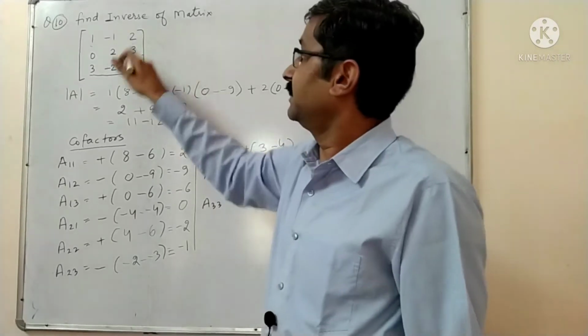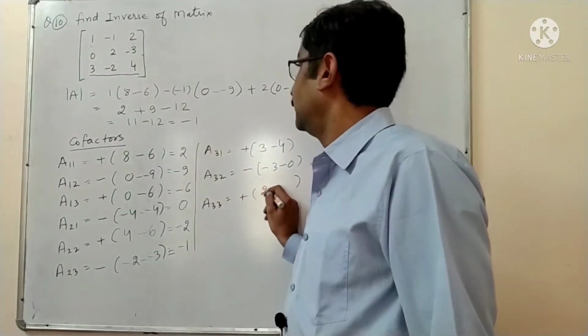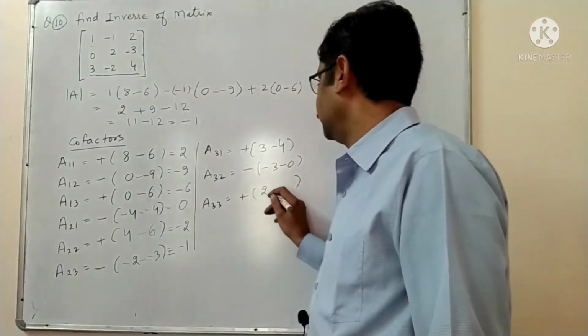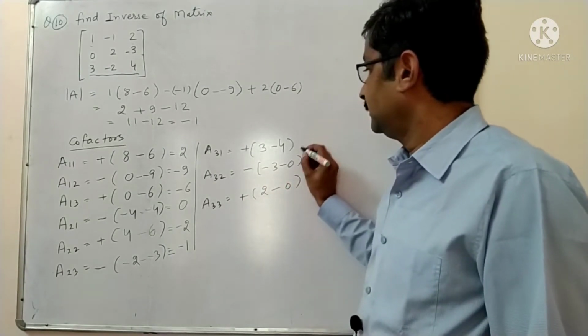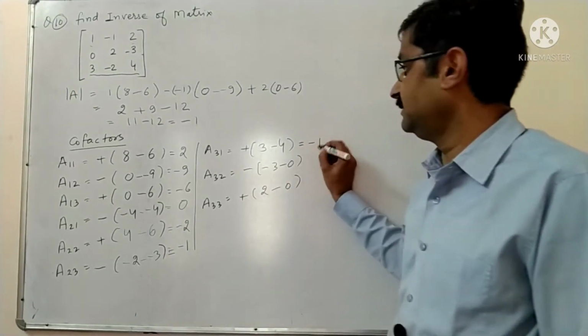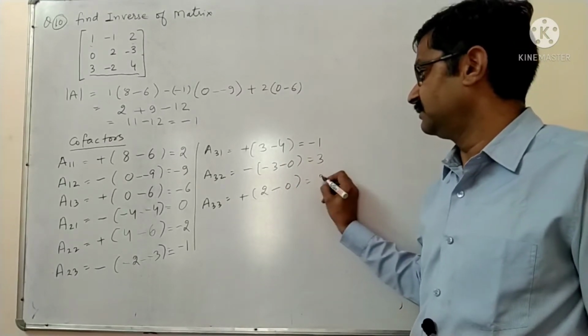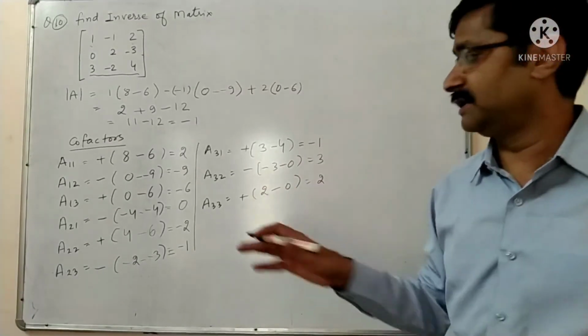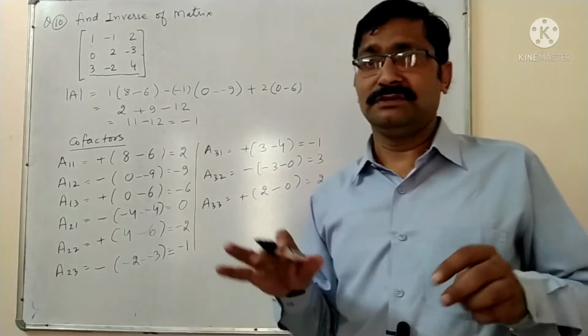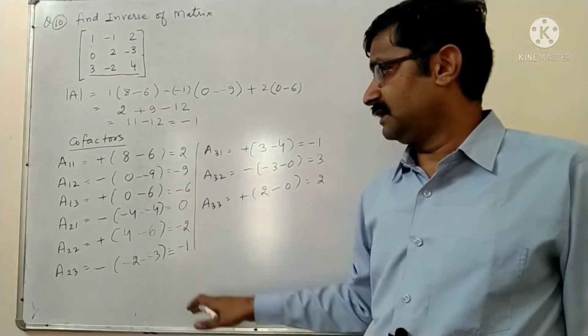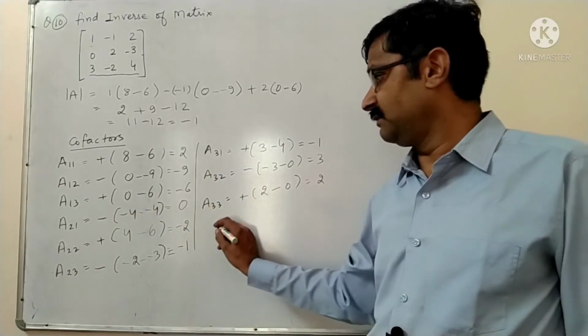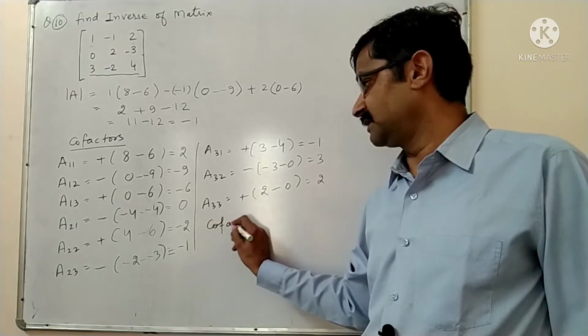Then the last column you will not take, so 2 and -0, okay. Calculate this, we will get here -1, this we will get here +3 and this we get 2. So look, if you use the plus minus signs first, you will get the correct answer and you will not have any doubt. Now first you find the cofactor matrix.